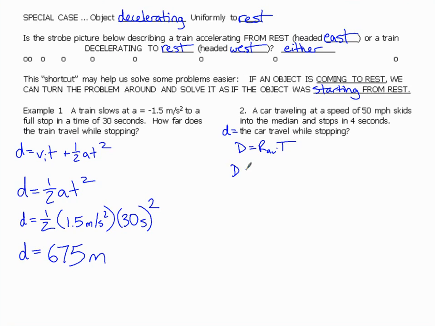So remember how this one works. Distance, the average rate is the 2 speeds added up. So the initial velocity plus the final velocity divided by 2. Times 4 seconds.